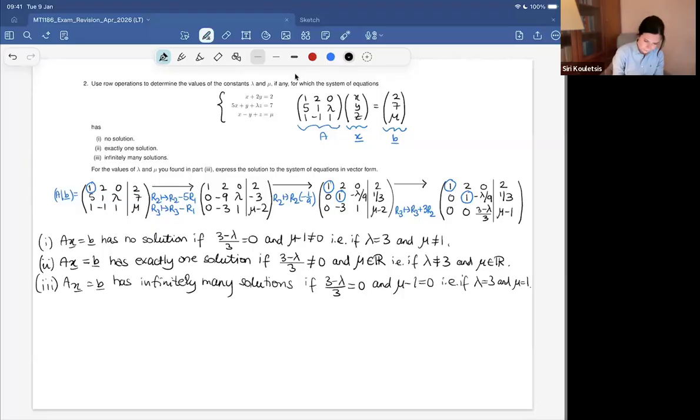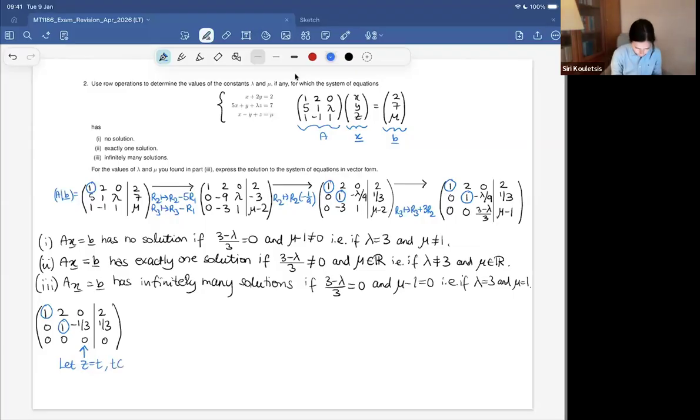Okay, so the system would then look like this here. Of course, this row of zeros is really not giving us any information. Now we see here that the variable z can be treated as a so-called free parameter.